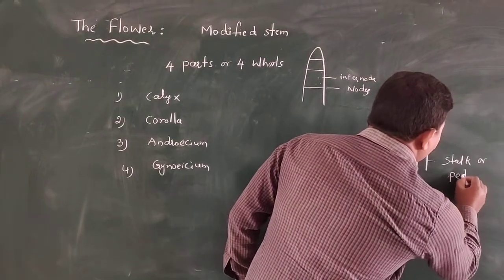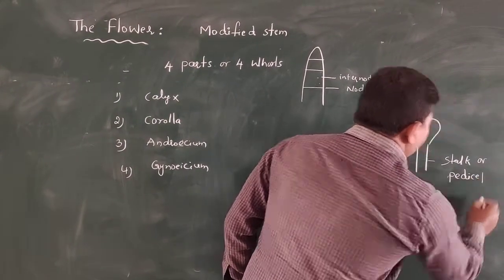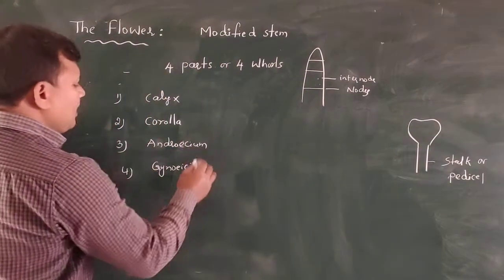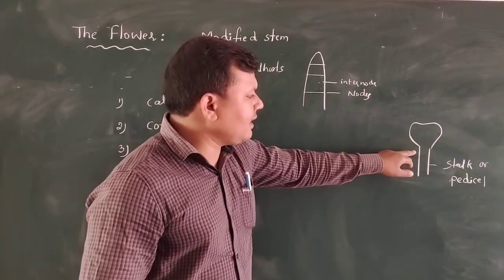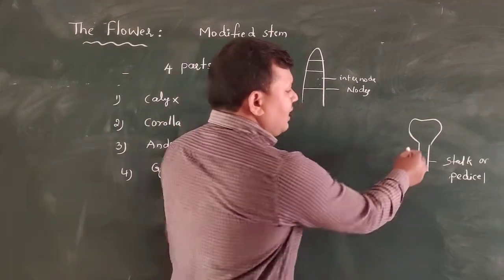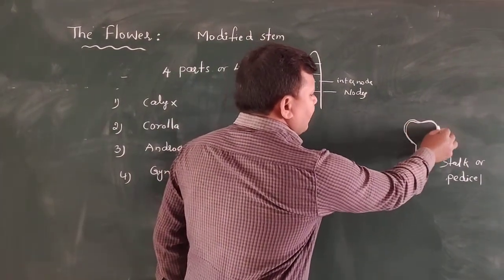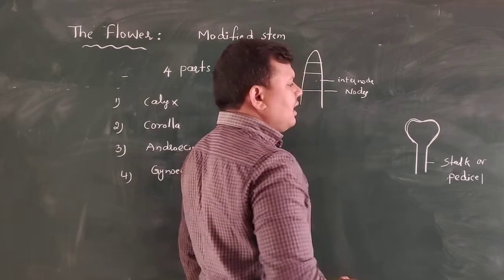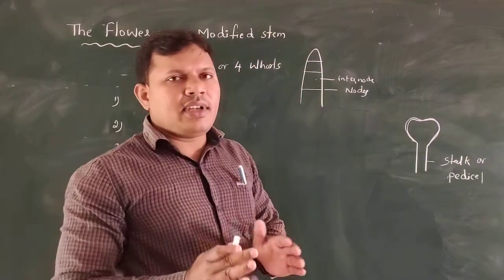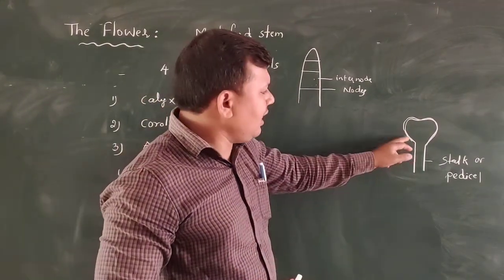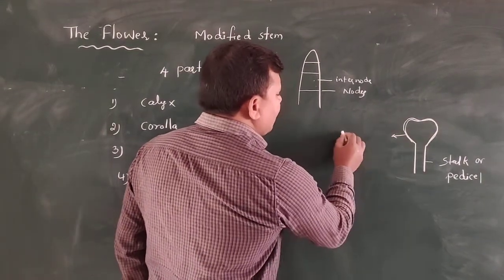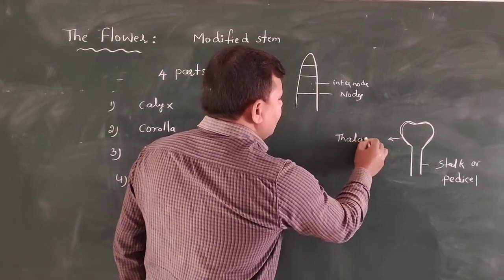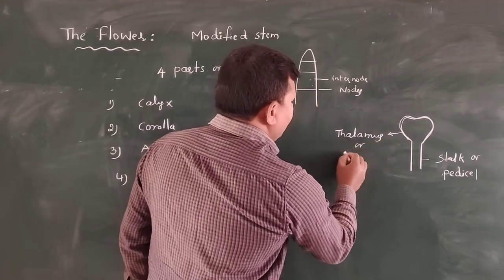On this pedicel we see a swollen structure, which is the base of the flower, and we call it the thalamus or receptacle.